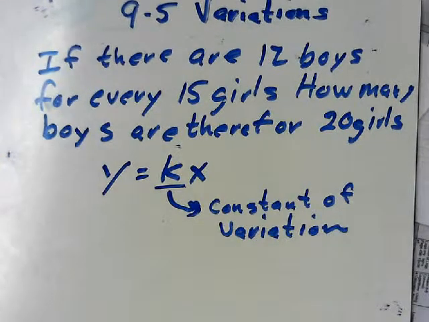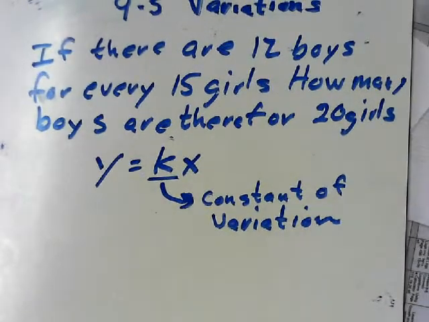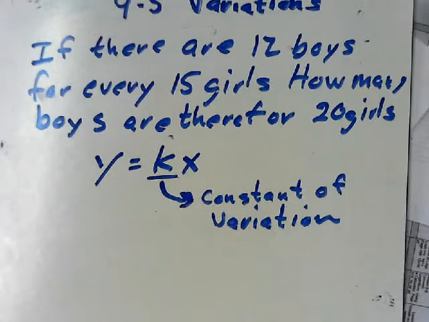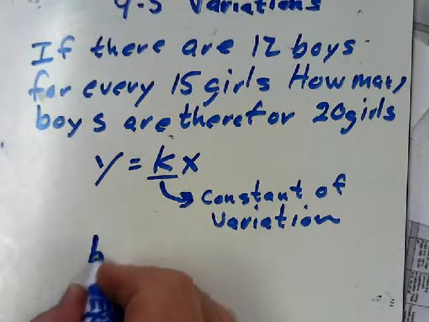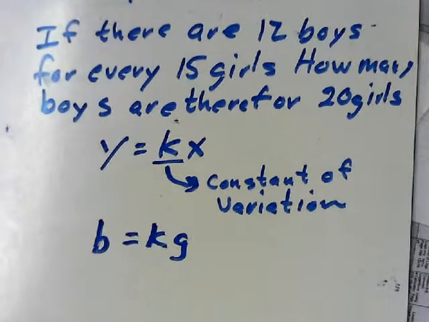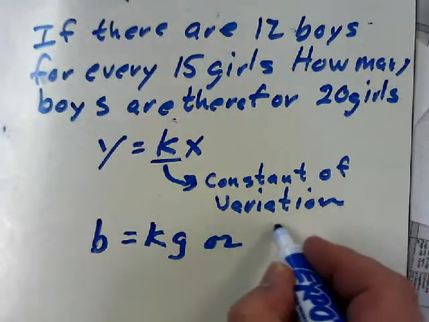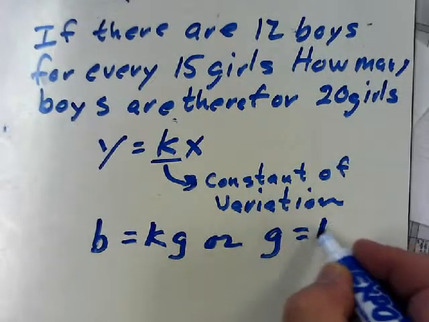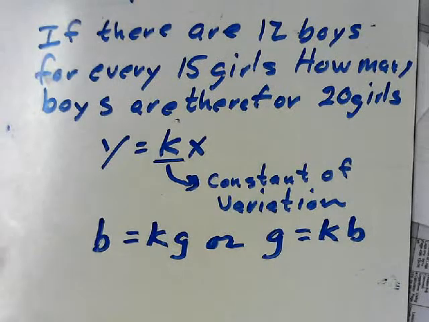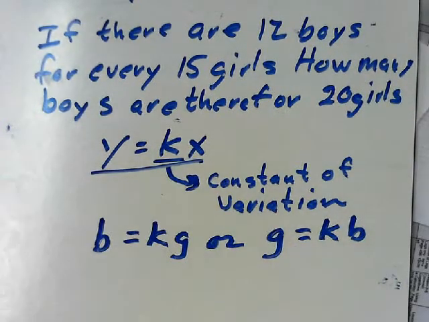How does it work with the boys and the girls? Well, I'm going to change this formula to reflect boys and girls. Instead of y's and x's, I can either write the formula this way: boys equals constant of variation times the number of girls, or I could write it as girls equals the constant of variation times the boys. Either way, I'm still using this form.